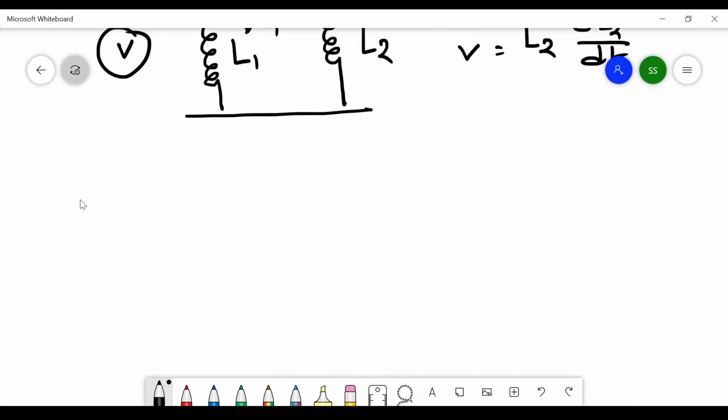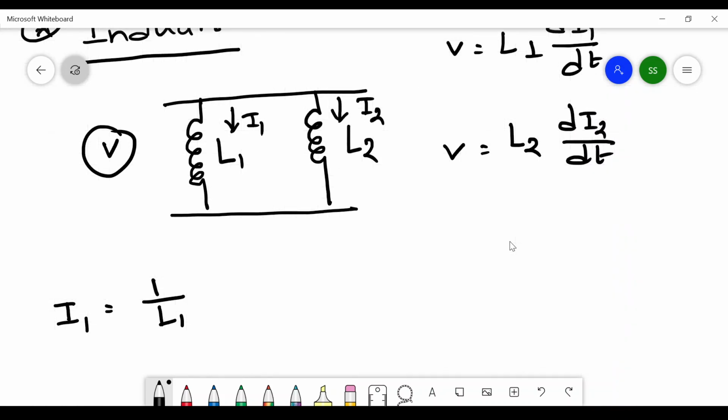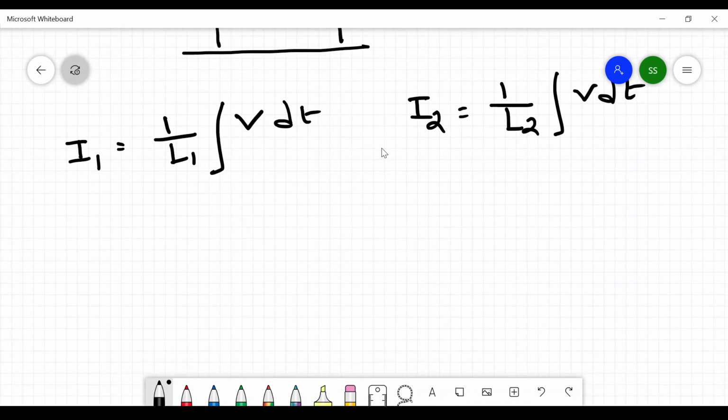Now I1 is 1 by L1 integration of V dt. Similarly, for I2 I can write 1 by L2 integration of V dt. Remember these two equations.